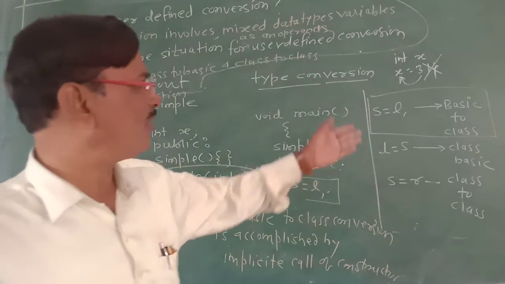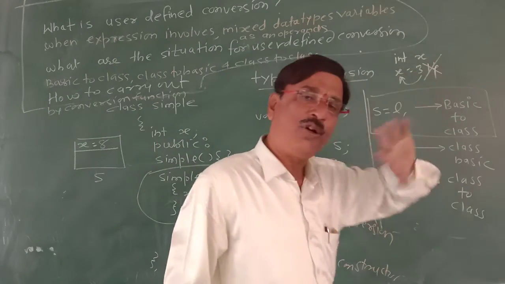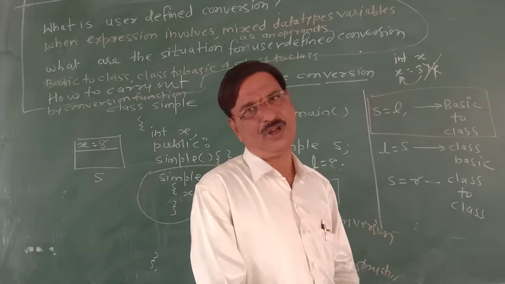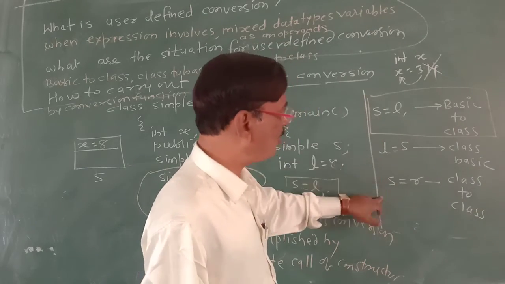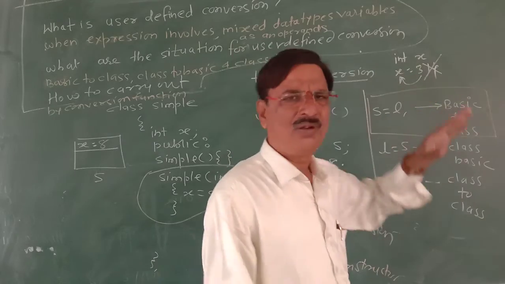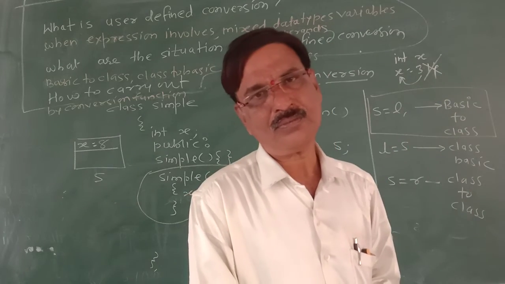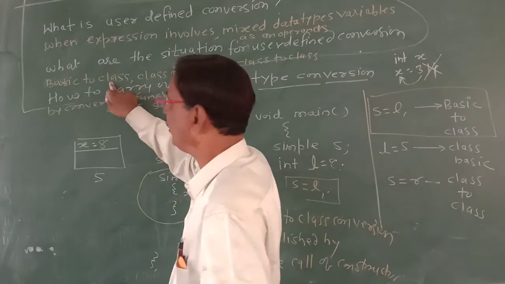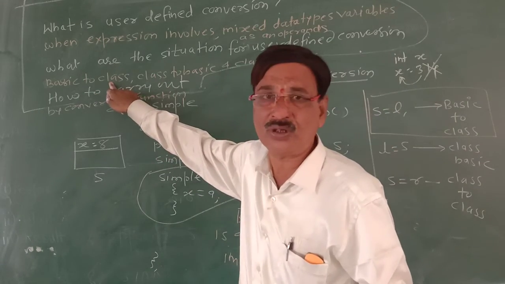So this type of conversion is possible by the assignment operator and this is called automatic conversion. Whereas these are the three situations where the assignment operator can't carry out the conversion and we have to carry out the conversion. Thus, basic to class is a situation where we have to carry out user-defined conversion.